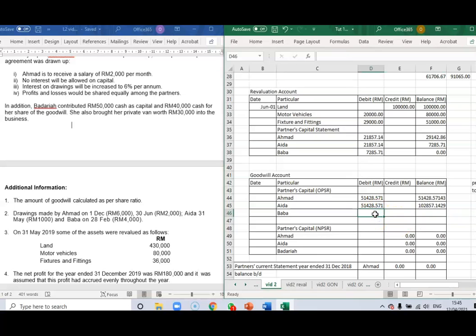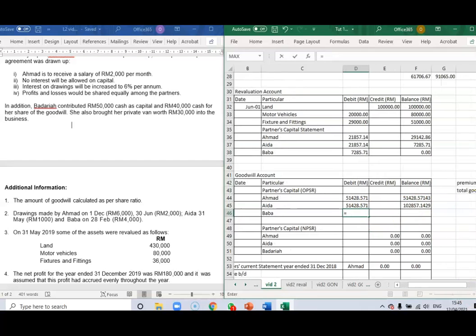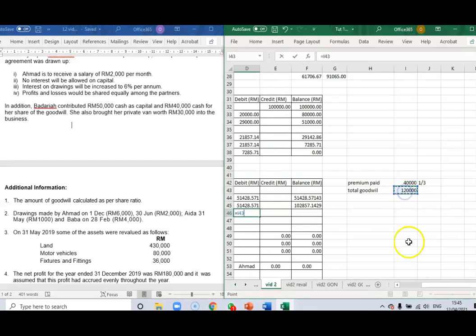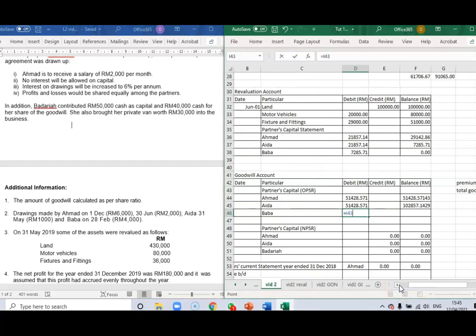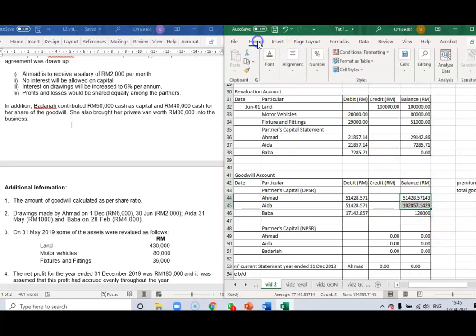Okay, so Baba, but not 3/7. Oops, sorry. 120,000 multiplied with 1/7. So total is 120.